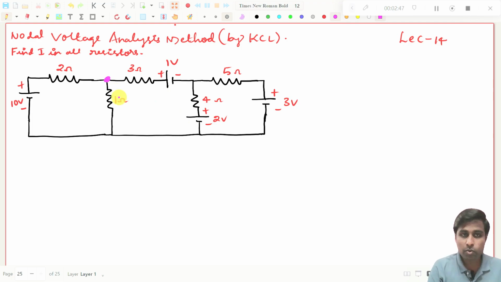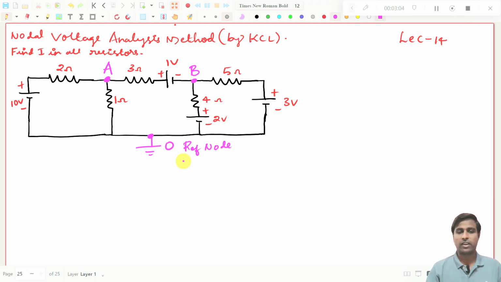This is node A, and this is node B, and this is the reference node. These three points should be the same; there is no difference.